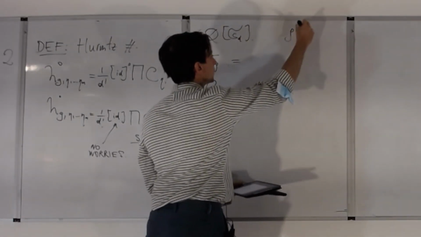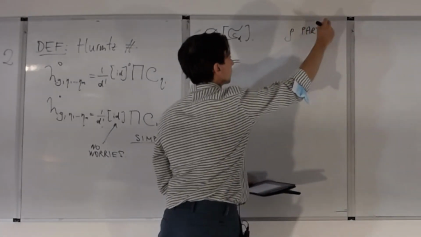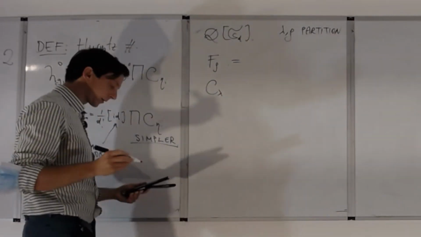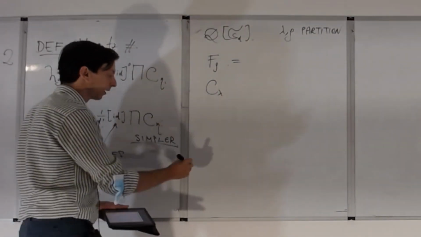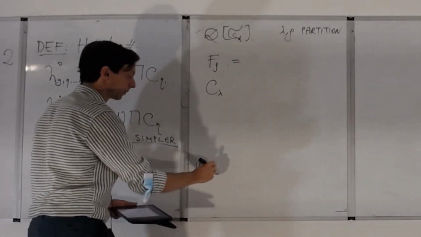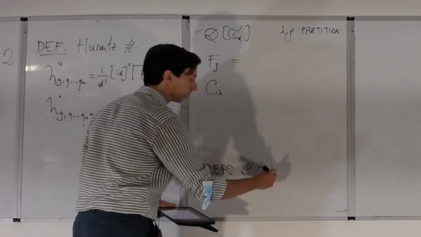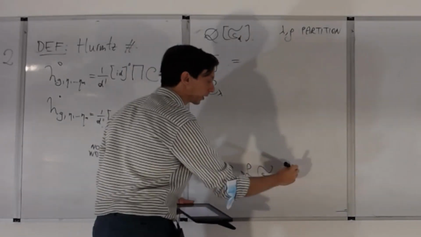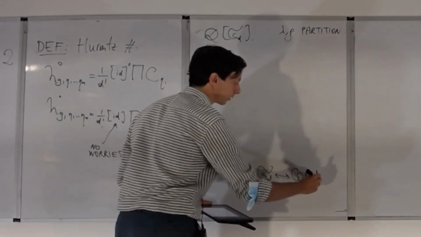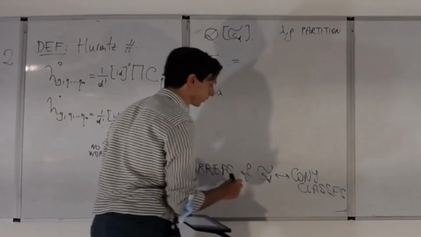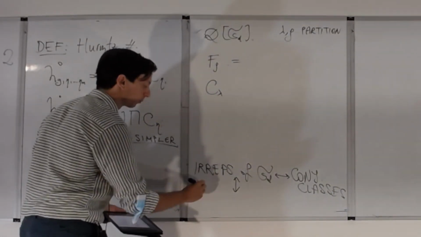Rho is a partition, and also lambda. And let's recall that irreducible representations of the symmetric group are in bijection with the conjugacy classes, and there's also the same thing with Young tableaux.